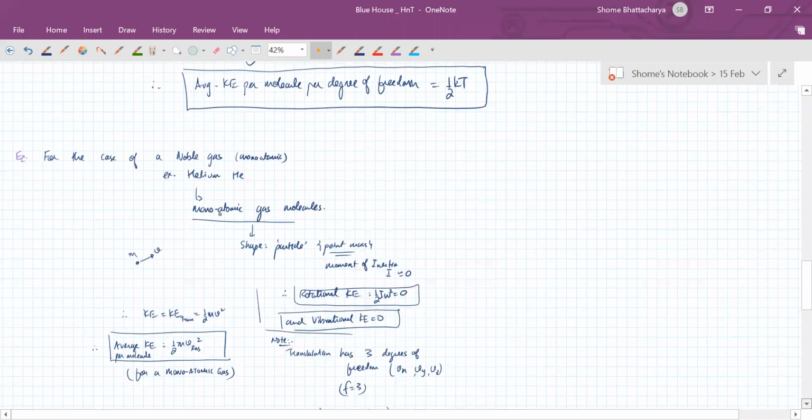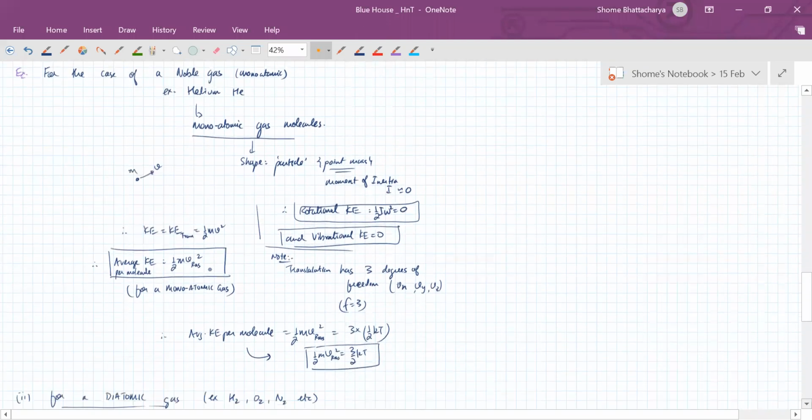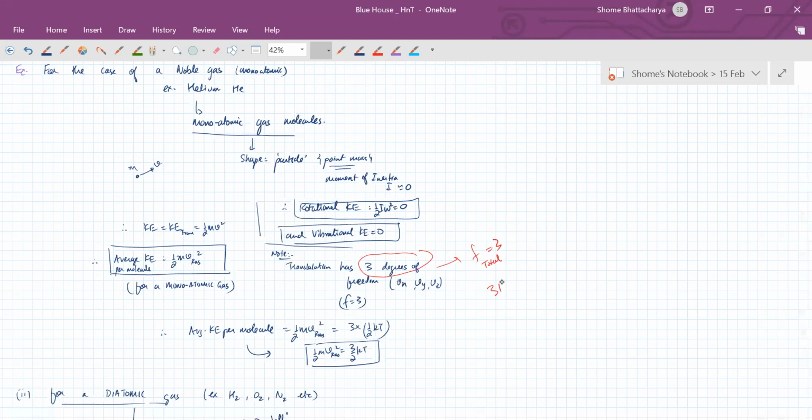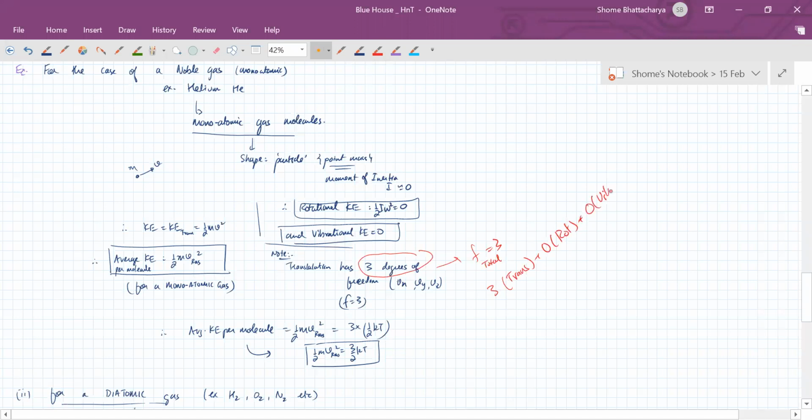Then we saw that for monoatomic gas molecules, only translation is possible. So the total number of degrees of freedom only becomes 3: 3 for translation plus 0 for rotation plus 0 for vibration.